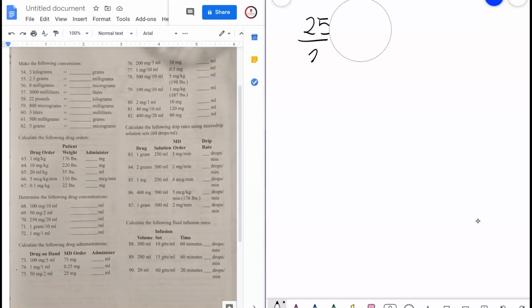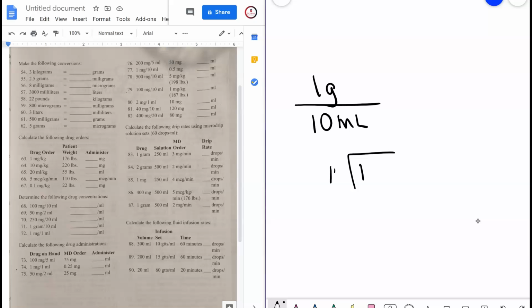Okay, since we want to have all of our drug concentrations in milligrams per milliliter, which seems to be the trend here, if you have 1 gram in 10 mL, you could do it 2 ways. First, you could divide 1 by 10 and get grams per milliliter.